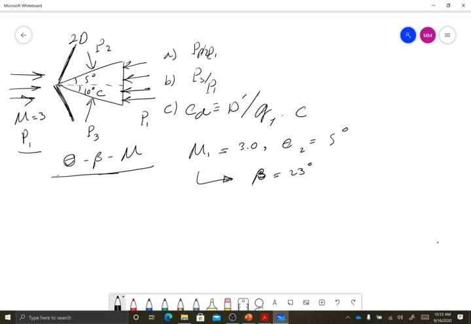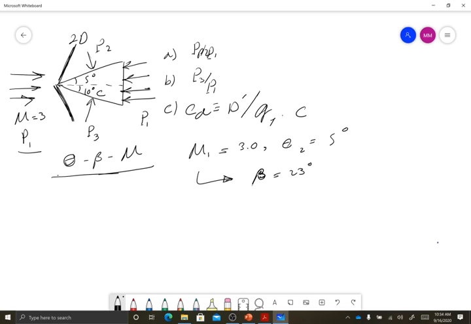But why do we have the shock formation on this object? Is there anyone who can tell me that? Let's go with Josh. Yeah, supersonic, exactly. That's pretty simple, right?